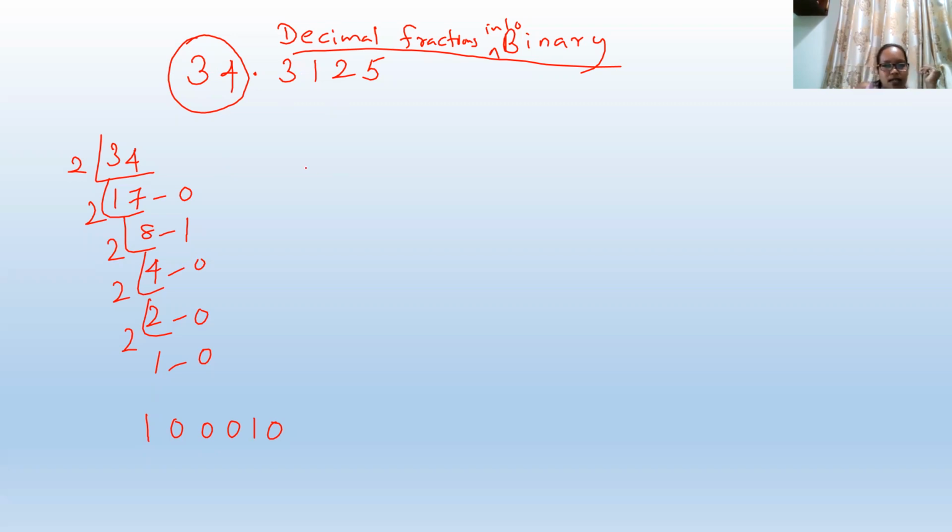Then the fraction part. I will take here the fraction part, 0.3125. Here I have to multiply this fraction part by 2 as we are converting the fraction into binary. We have to take the fraction part and multiply by 2. What is the value? 0.625.